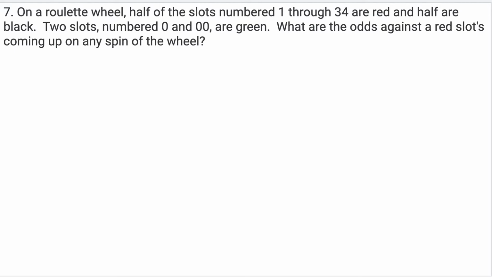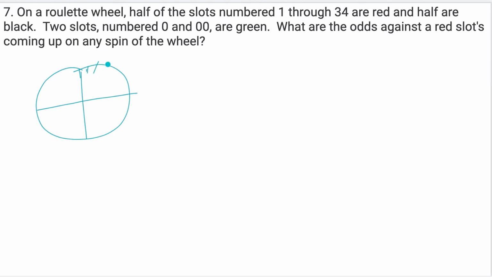Okay. On a roulette wheel, half of the slots numbered 1 through 34 are red and half are black. 2 slots numbered 0 and 00 are green. If we draw it, you don't have to draw it, but to make a little more sense, you have 34 slots and 2 more, so a total of 36 slots. It's hard to draw, right?